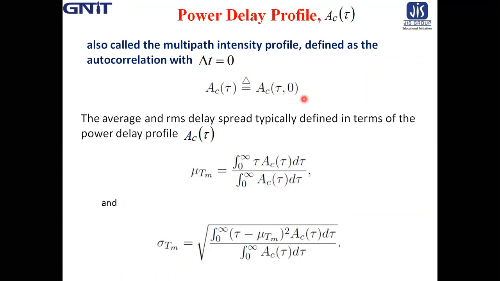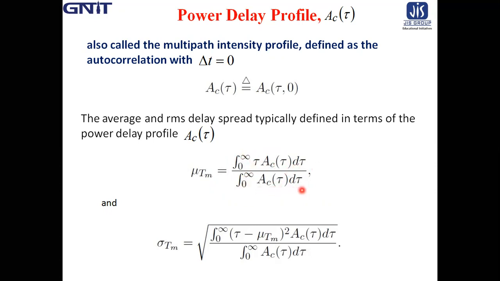The power delay profile represents the average power associated with a given multipath delay, and it is easily measured empirically. The average and RMS delay spread are typically defined in terms of the power delay profile A_c(tau) as mu_Tm equal to the integral from 0 to infinity of tau A_c(tau) d tau, divided by the integral from 0 to infinity of A_c(tau) d tau.